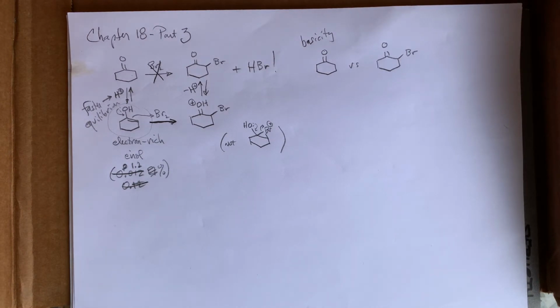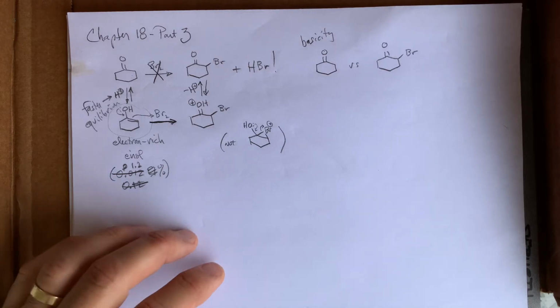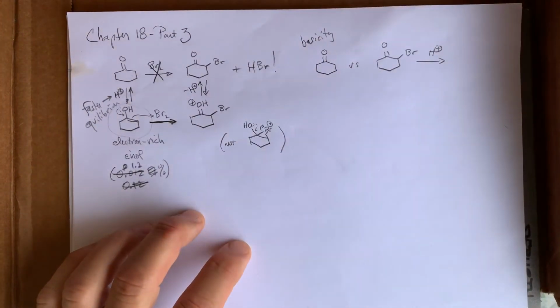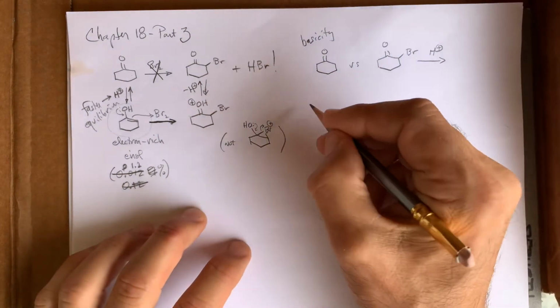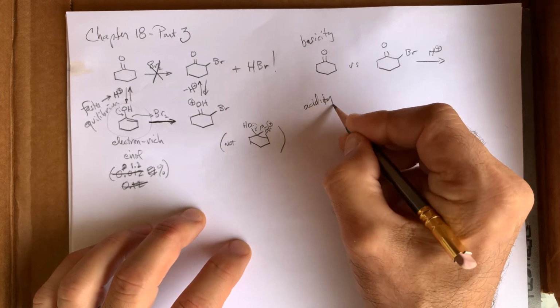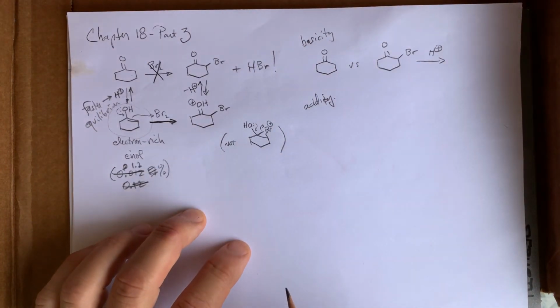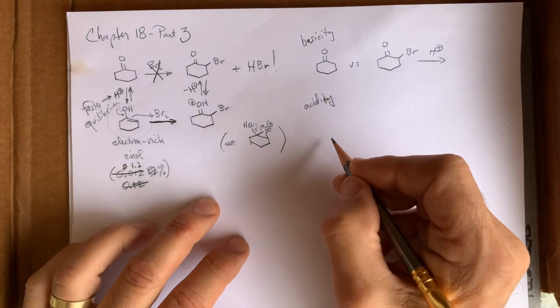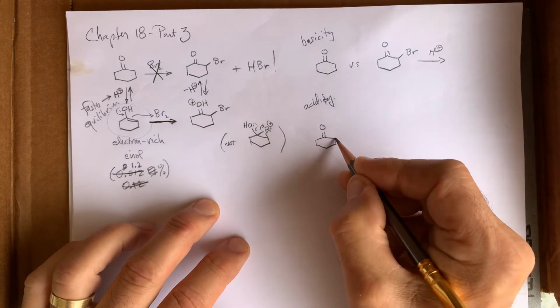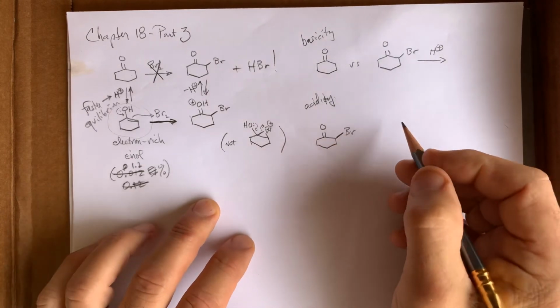Cyclohexanone and 2-bromocyclohexanone, which one is more basic, right? Which one is more easily protonated in the presence of acid? And acidity, which one is more acidic? And another way I could actually do this is say, okay, you've got alpha bromo cyclohexanone.